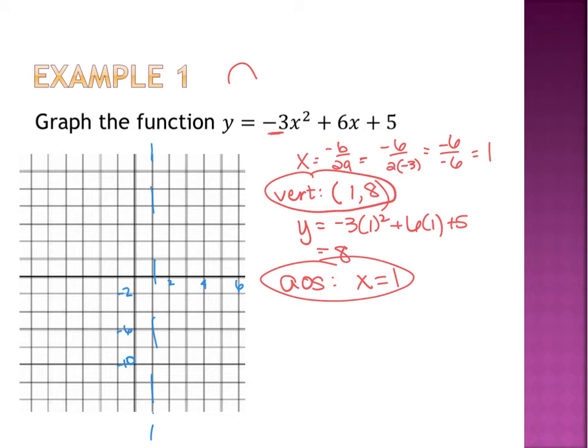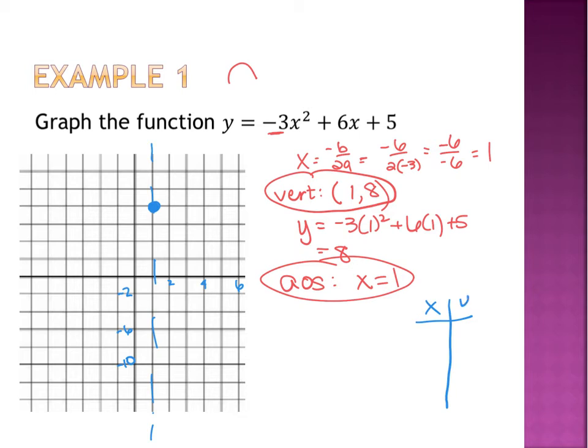So if I go and plot this point, I have 1 and then a positive 8, so that's going to be 2, 4, 6, 8. So (1, 8) is right here. This will be my vertex. And now what I have to do is make a table to find the rest of my points.